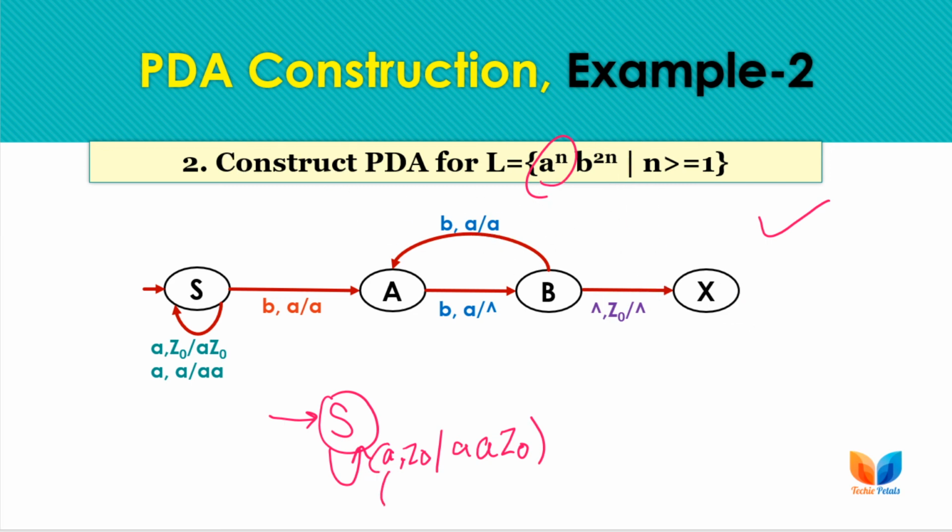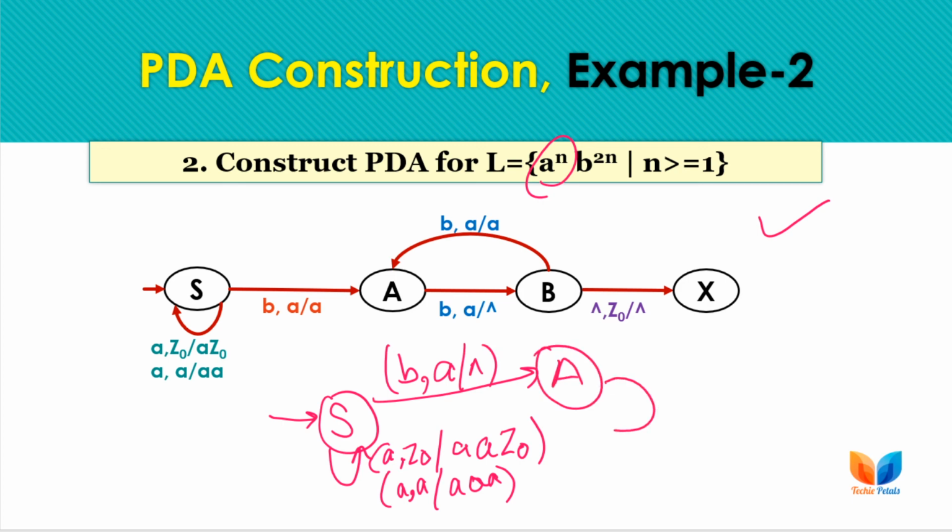So here for the second A also stack top will be A and replace it with 3 A's. In this way we have pushed double the number of A's corresponding to every A, and after getting B, so once we start getting B, stack top must be A and replace it with null and simply perform the pop operation at the next state.